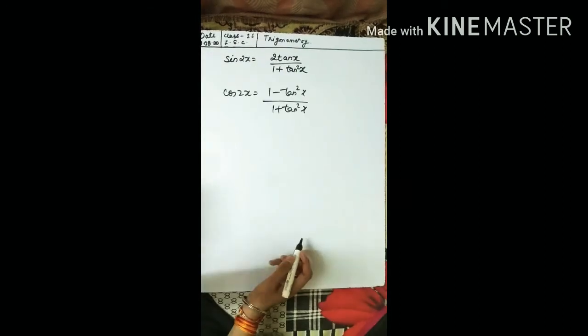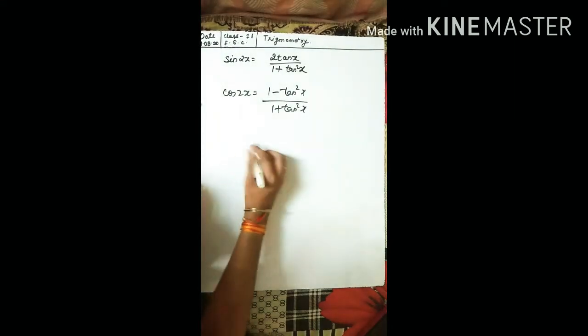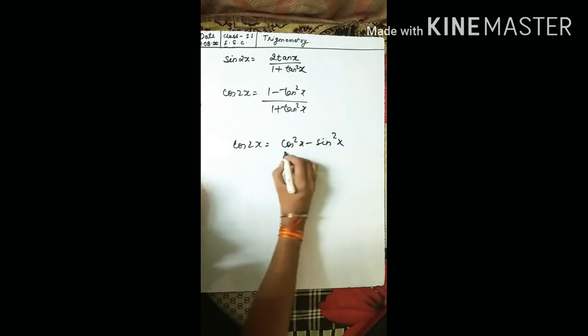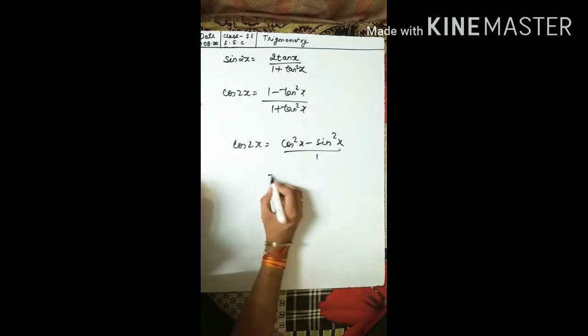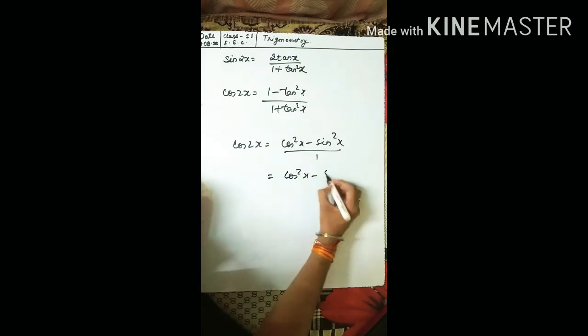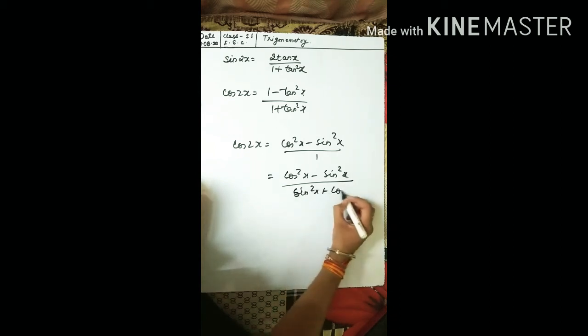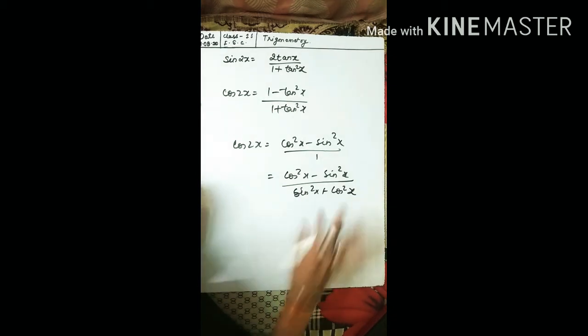Similarly, if you go for cos 2x, we have one identity, cos square x minus sin square x. Now consider this upon 1. Again, what can we replace that 1 with? We can replace it with sin square x plus cos square x, or cos square x plus sin square x.